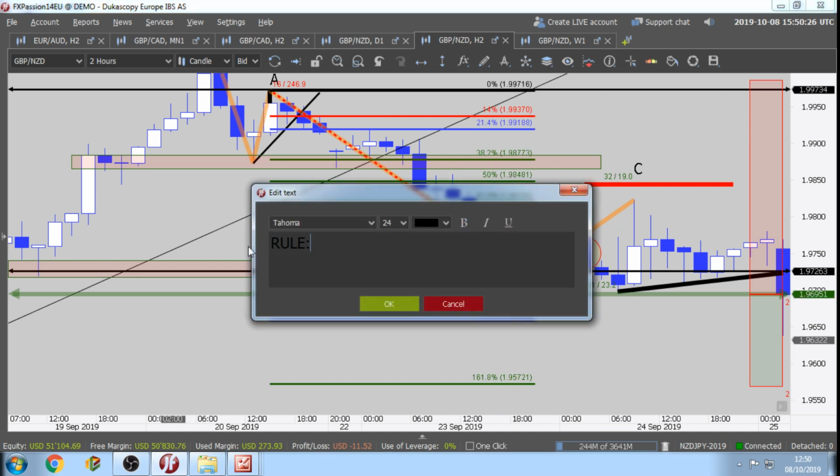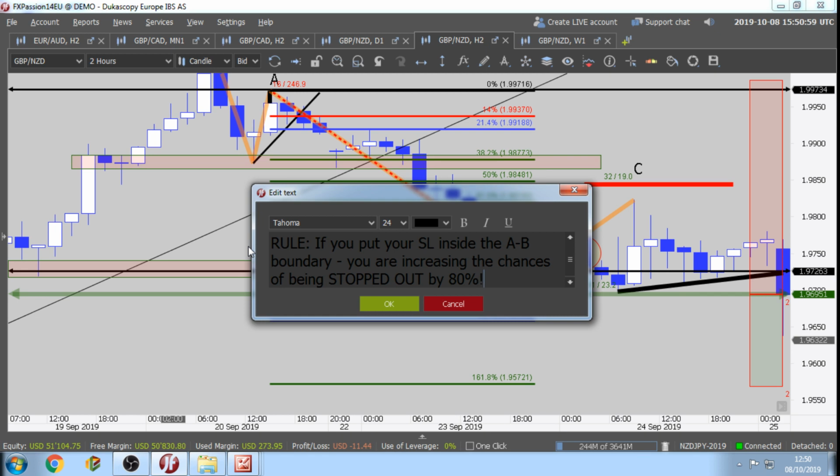Rule: if you put your stop loss inside the AB boundary, you are increasing the chances of being stopped out by 80%.